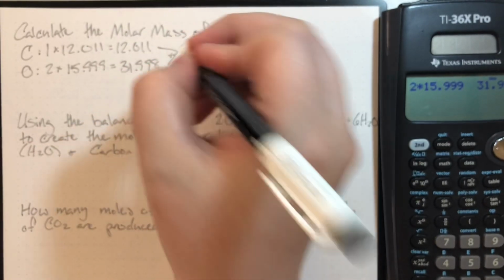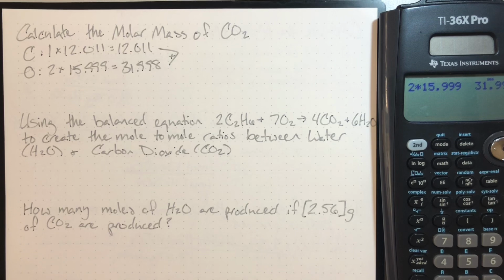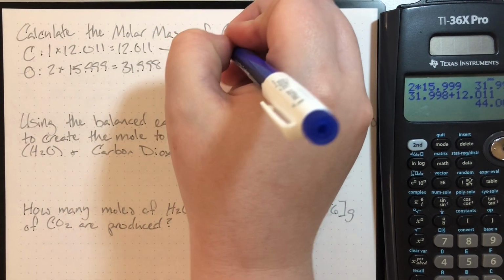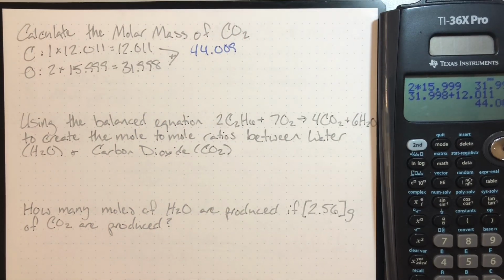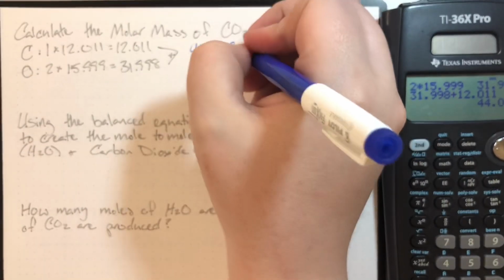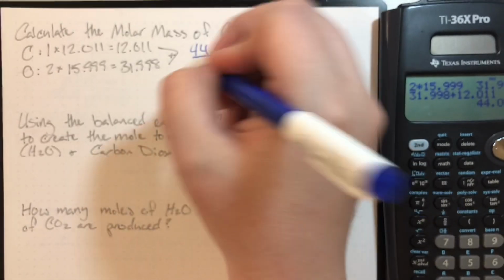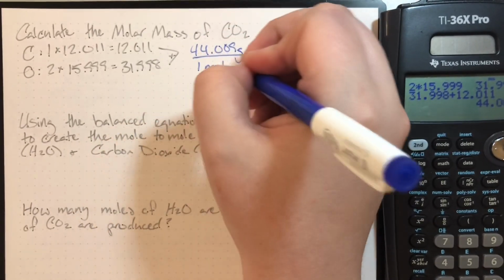When we add these together, we will get the number 44.009. This number has the unit for molar mass, which is grams, whatever that compound is, CO2, per 1 mole of that compound.